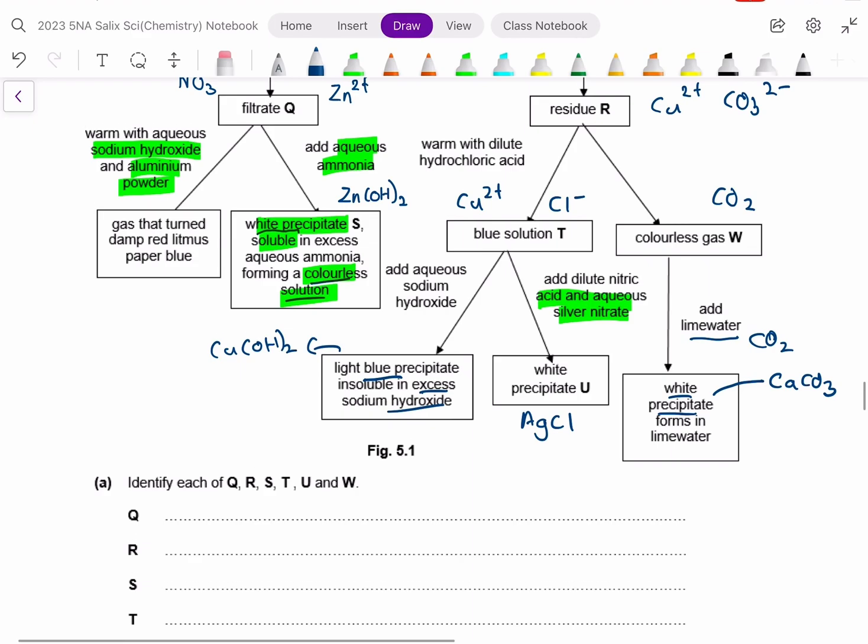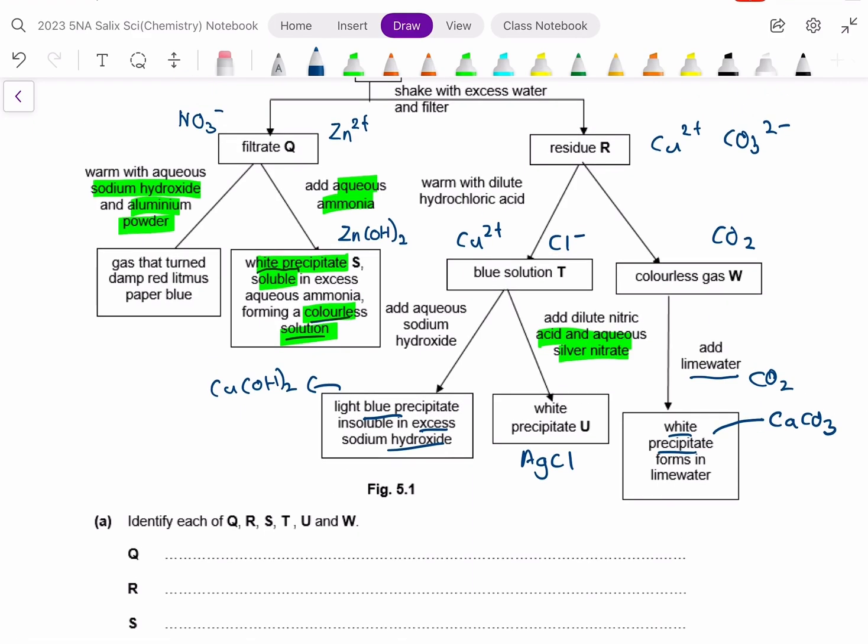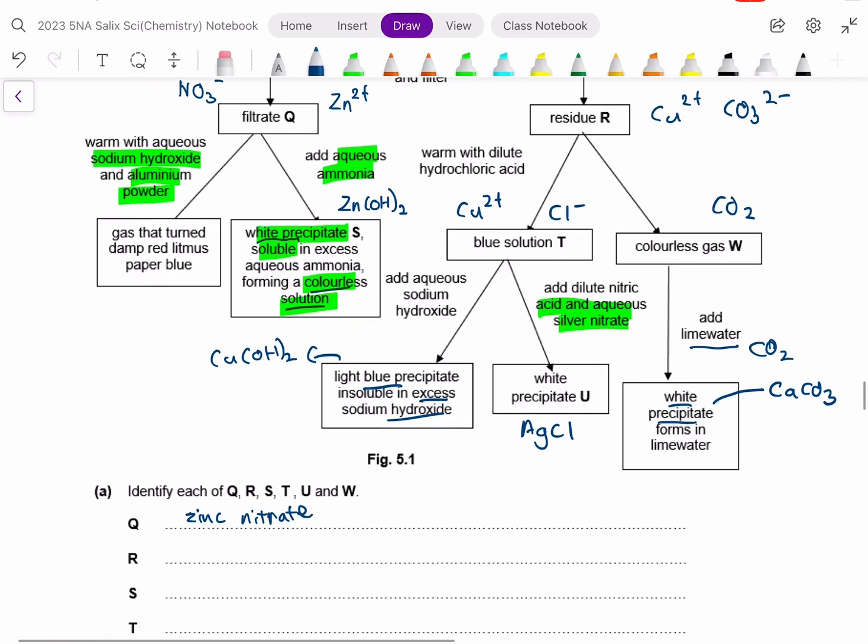Identify Q. Q is zinc nitrate. You can write the name or formula in this case, they never specify. S is zinc hydroxide, the white precipitate. R is copper(II) carbonate, because upon adding acid you get CO2. It's an acid-carbonate reaction.